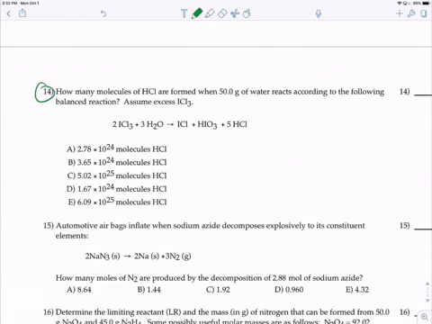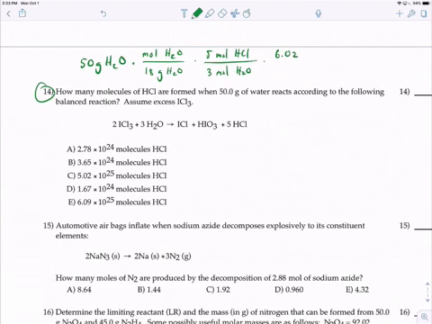So, the way you solve this one, 50 grams of water, same old dimensional analysis: mole water to 18 grams water, and then there are 5 moles HCl per 3 moles water, and then molecules. And so then there are 6.02 times 10 to the 23rd.